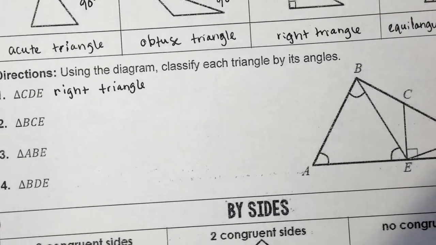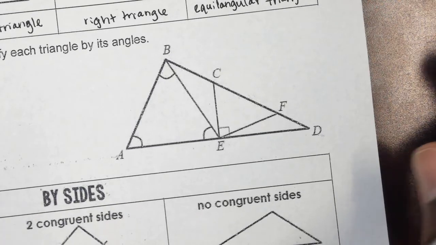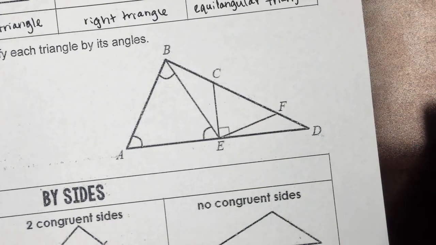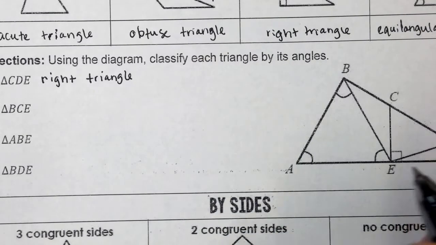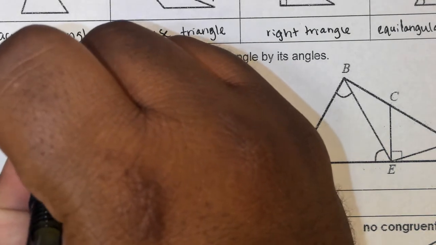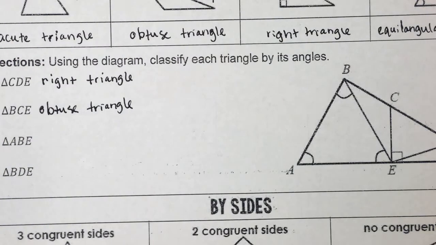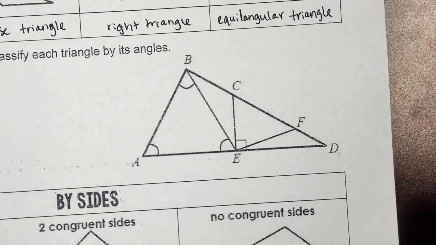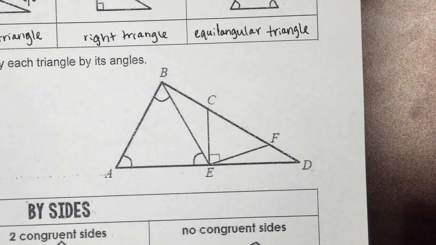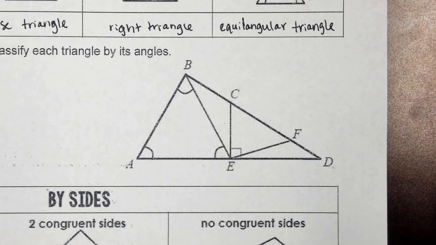Number 2, triangle BCE. BCE. Tally. Say it one time louder. Yeah, obtuse triangle. Jorge, triangle ABE. Say it one more time.